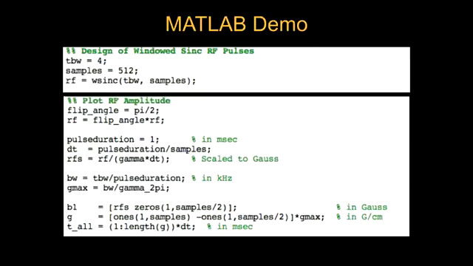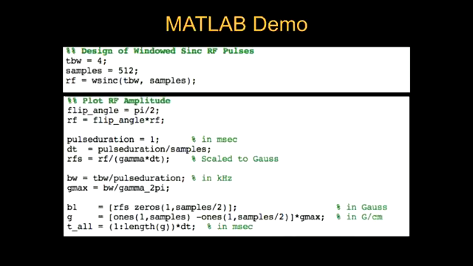We want the sum of this array to be pi over 2. Then we assign the pulse duration to be 1 millisecond. That means dt, the distance between samples, should be pulse duration divided by the sample number. So dt is determined, and then we make the RF in an appropriate unit, Gauss.